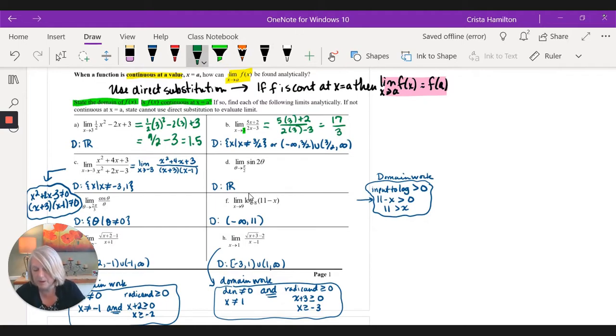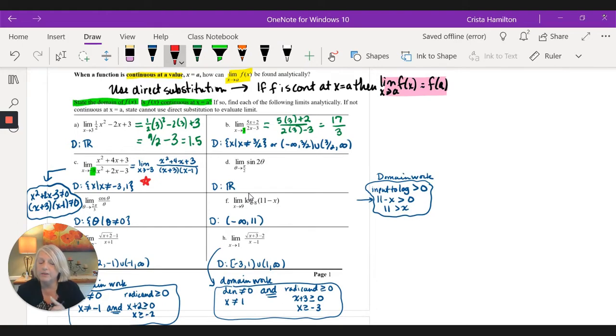Now we have a slight problem over here in this one that we're looking at. So notice that the value that I'm going in, this -3, is a problem. When I go to plug in -3, I'm going to have a division by 0 problem. And we know rational functions are not continuous on our domain. So this does not tell me the limit does not exist. That's the first thing that you have to recognize.